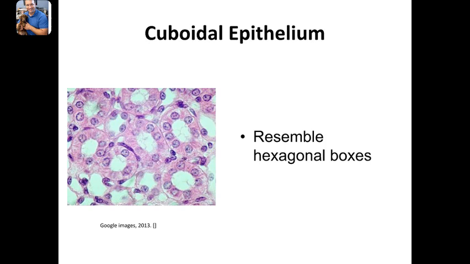Hex means six, like a hexagon. They kind of look like that. These could be the kidney tubules. They're one cell thick, so they're simple, and they're cuboidal in shape roughly, so we're going to call them simple cuboidal epithelium.